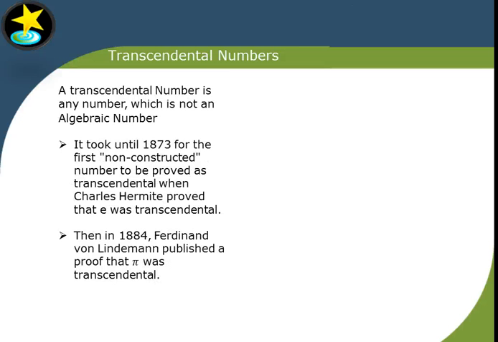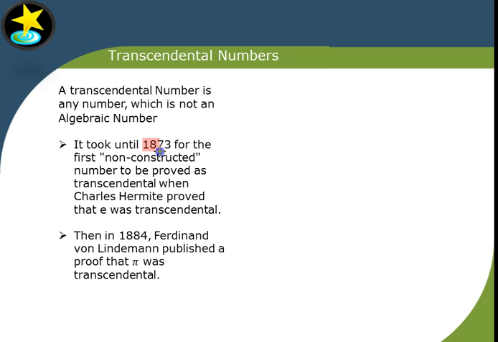Next, we want to talk about what we mean by transcendental number. As I have said before, transcendental numbers, for example pi and e, are part of irrational numbers. Now, transcendental numbers are numbers which have evolved over a period of time.